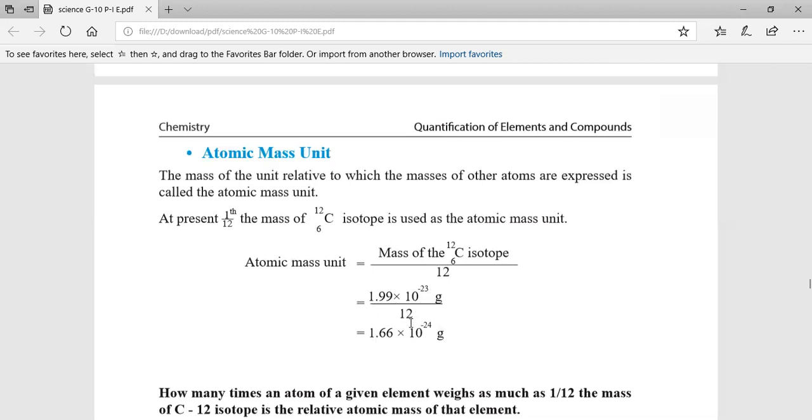Using the atomic mass unit, we measure the relative atomic mass: how many times of this unit.